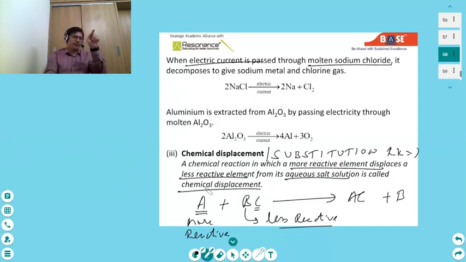I'm talking with respect to metals only, that's why I say give out electrons. So replacement of a less reactive metal by a more reactive metal, or a less reactive element by a more reactive element, is known as a chemical displacement reaction.